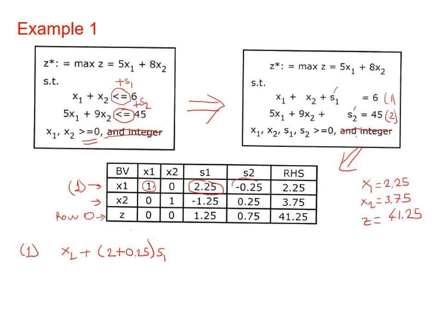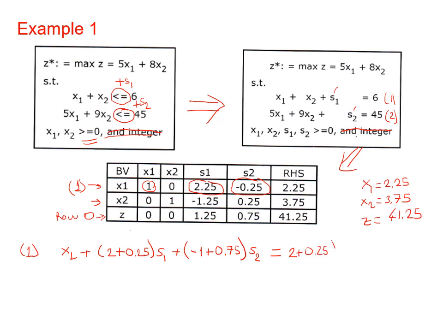This is negative 0.25, so in order to have a positive fraction, I need to write it as -1 plus 0.75, so that the summation makes -0.25 S2, and the right hand side is equal to 2 plus 0.25.